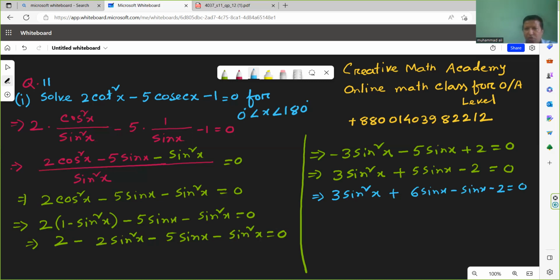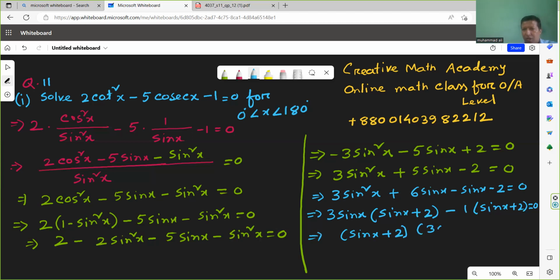Now take 3 sine x common. So 3 sine x, it will be (sine x plus 2). Take minus common, it will be (sine x plus 2) equals 0. So finally here, sine x plus 2 and 3 sine x minus 1 equals 0.